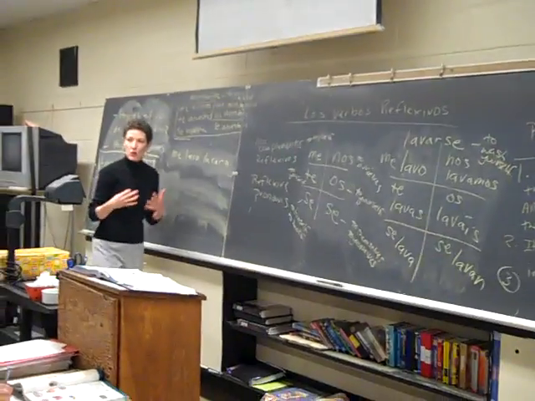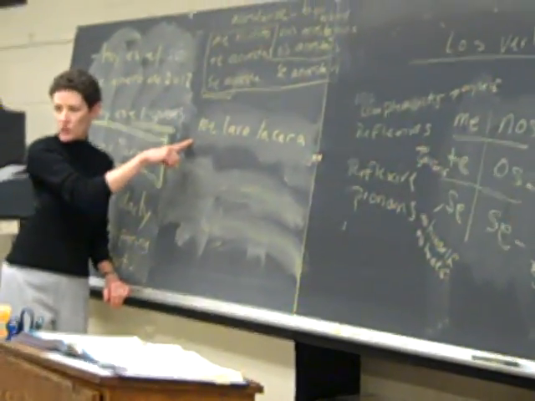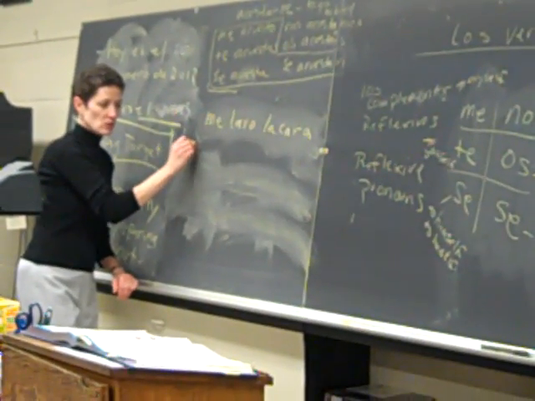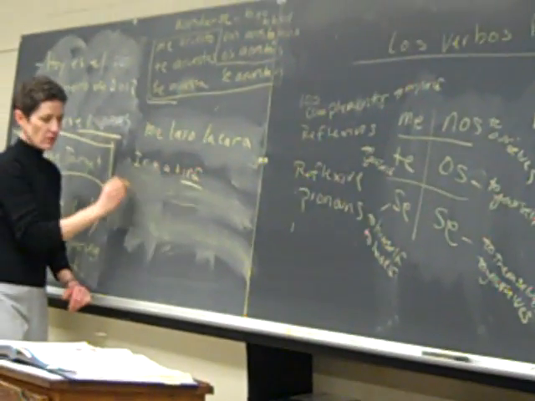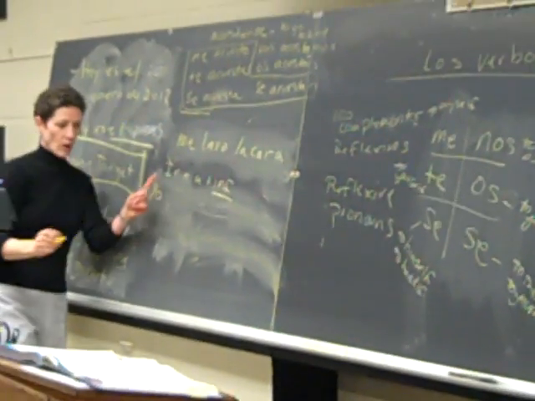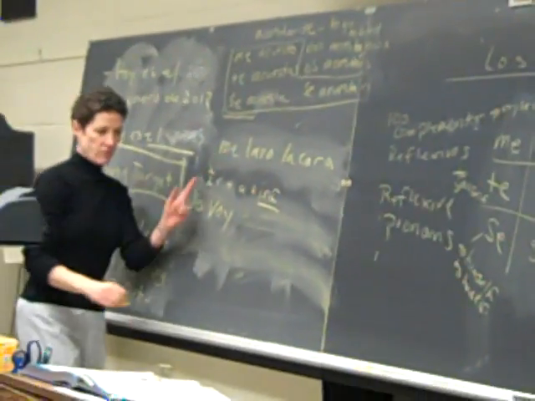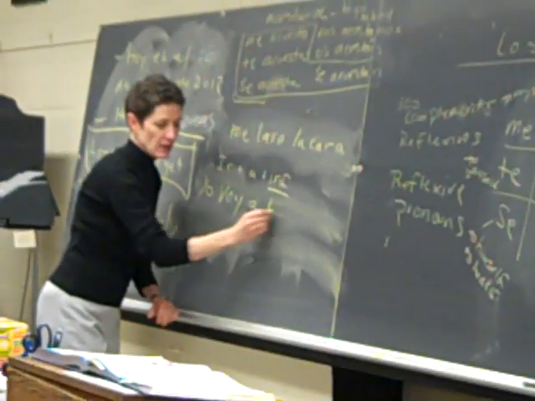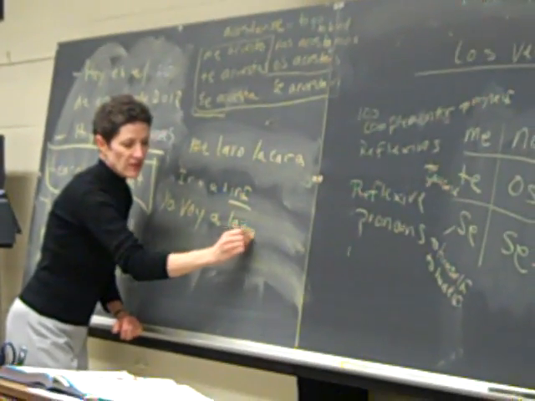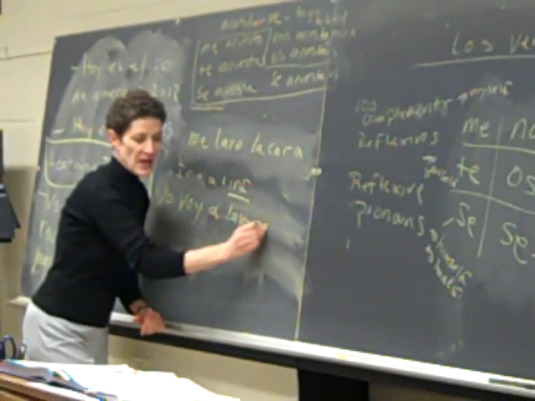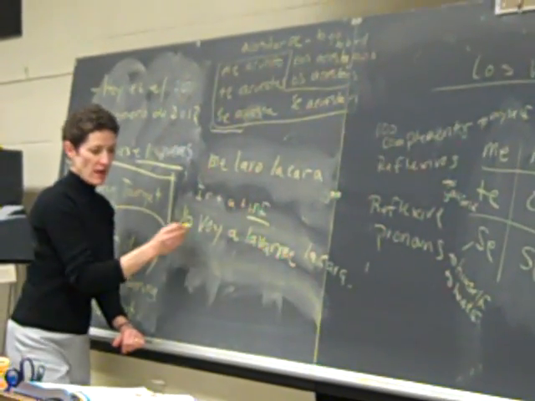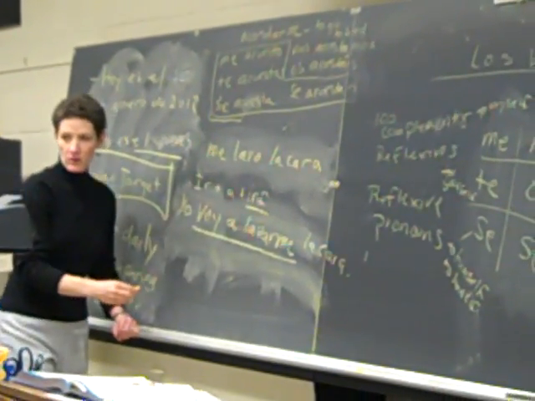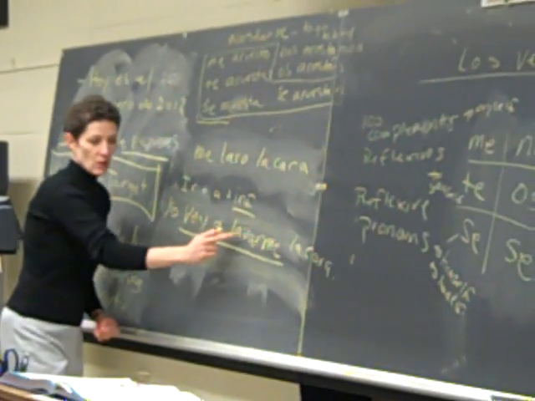If you have a verb phrase, a verb expression that is, I'm going to wash my face, you would use the ir plus the a plus the infinitive. So here we have an infinitive. So if you're going to do it in the yo form, yo voy a, and then, sorry, you need the infinitive of lavar, lavarme la cara. In this case, you have a verb expression here, and in that verb expression, you have an infinitive.